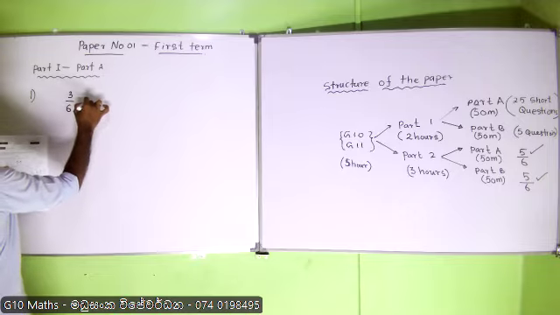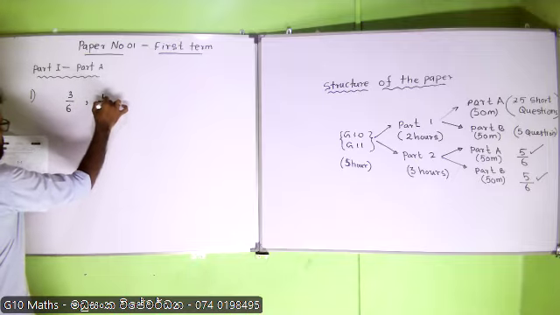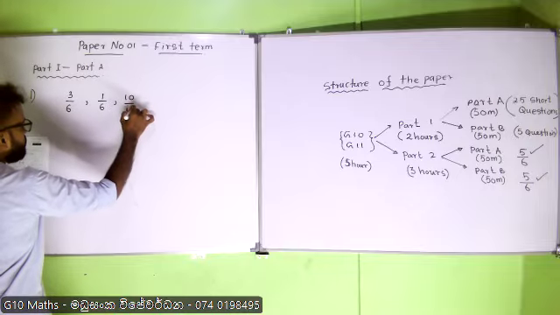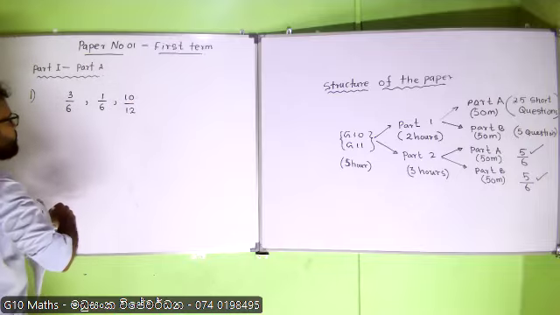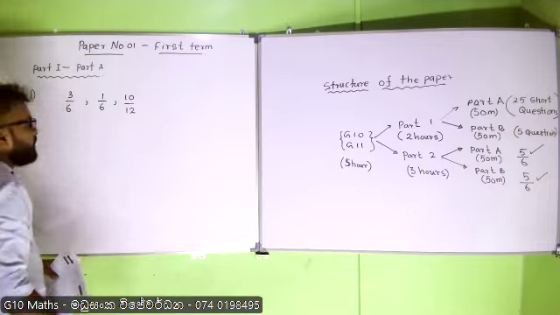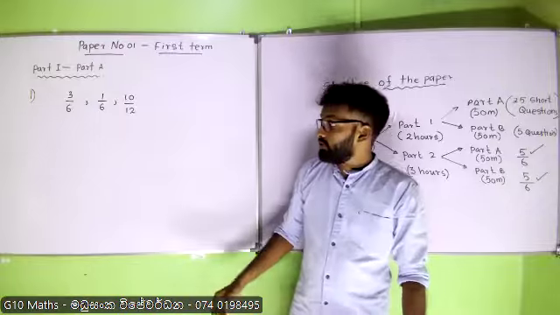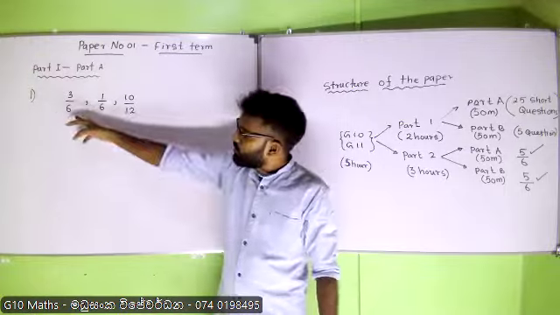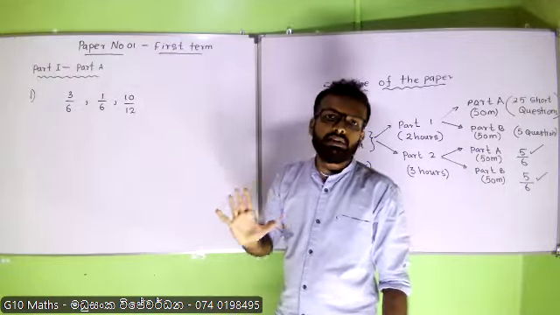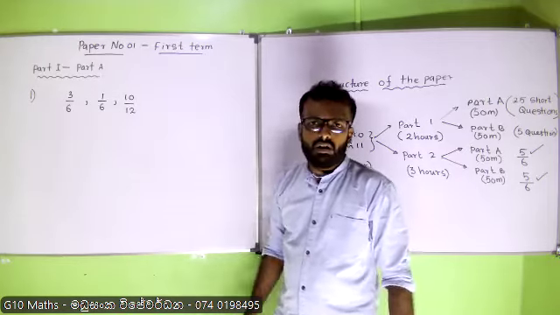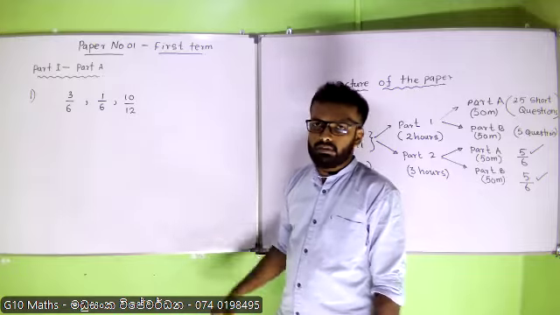3/6, 1/6, 10/12. What can you say about the denominators of these 3 fractions? This one and this one, the denominator is equal, and this one is not equal, it is 12.